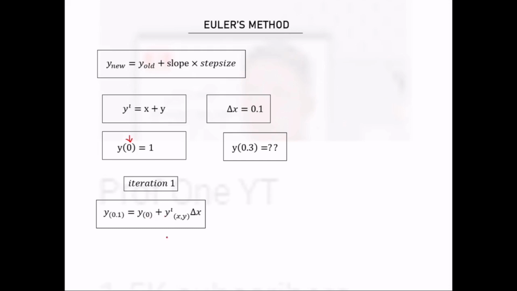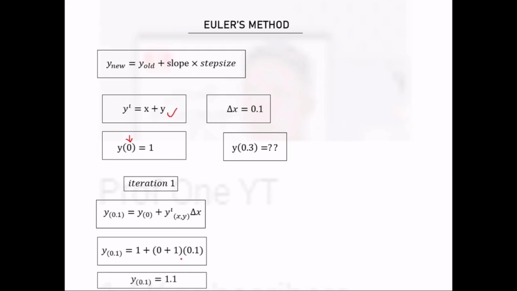Then we are going to substitute in the initial condition, that when x is 0, y is 1, then times the step size. So let's see what we do. We put in 1, because when x is 0, y is 1, plus the function given to us, x plus y. So we substitute the initial condition, that will be 0 plus 1, then times the step size, which is 0.1. When you do that correctly, you're going to get 1.1. So at the value where x is 0.1, y will be 1.1.